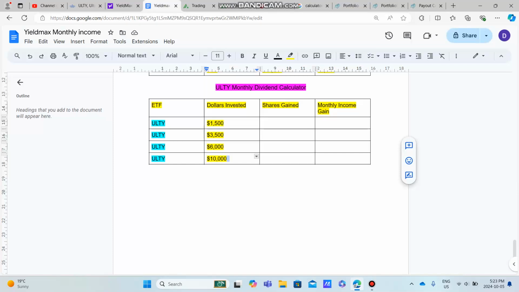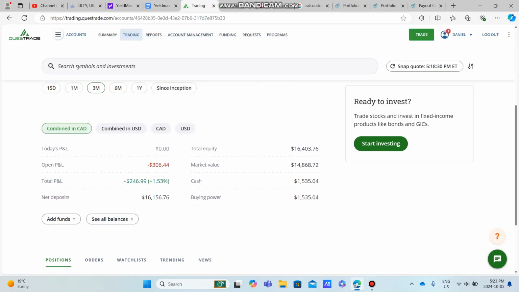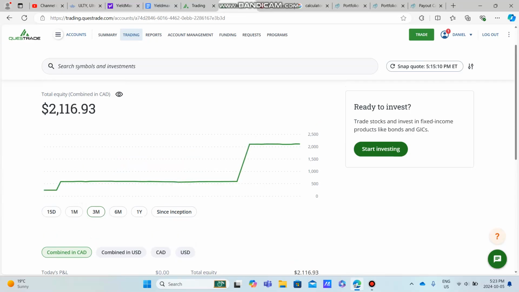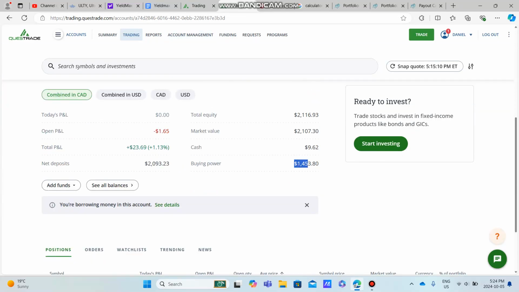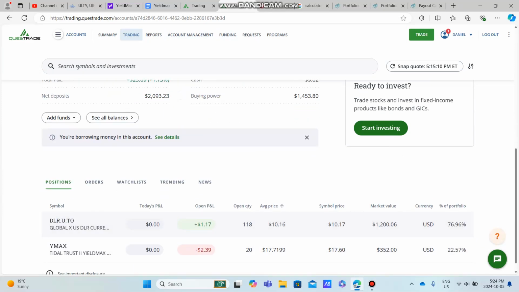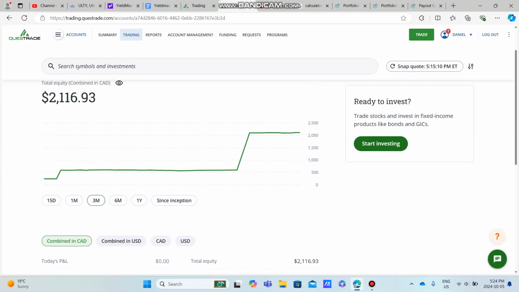These numbers might seem a little bit random. Why do I have those numbers in mind? Well, it's because I currently have $1,500 cash in my normal cash Questrade account. I have another $1,500 in cash, which I'll convert from DLR.U.TO, which I can then use for potentially margin in my margin account.